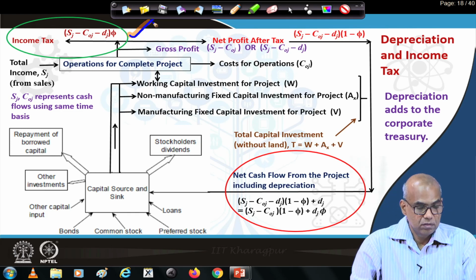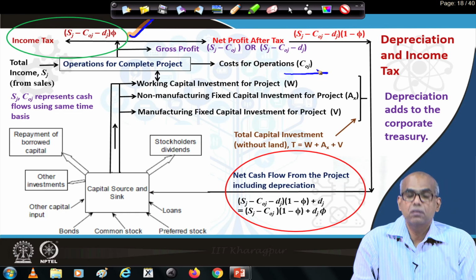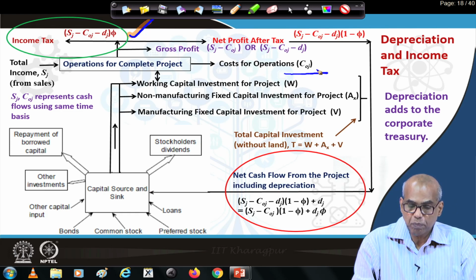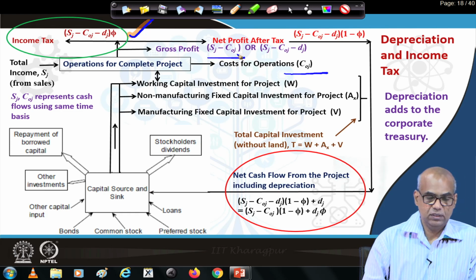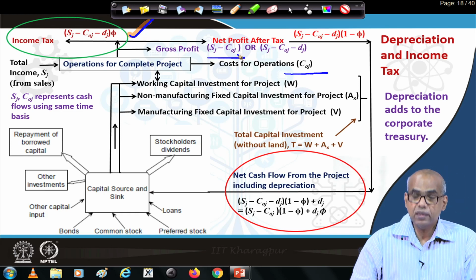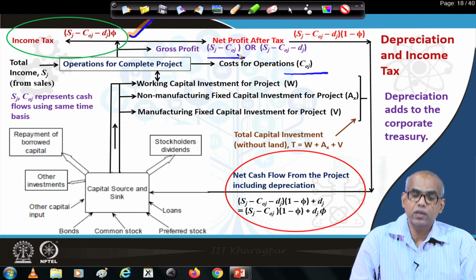Here Sj represents the total revenue from sales in the jth year and Coj represents the cost of operations in the jth year. So, the gross profit is Sj minus Coj. Consider that income tax is 30%, so phi equals 0.3.